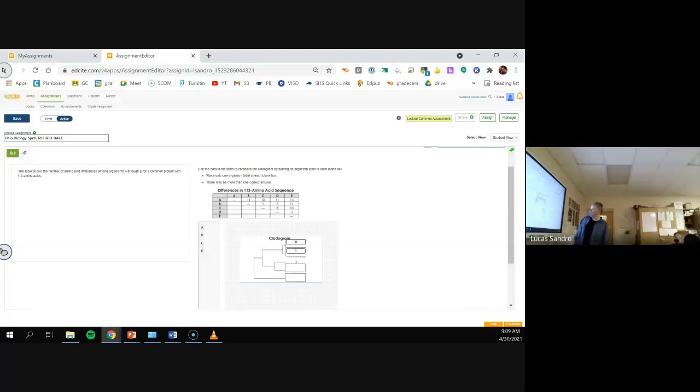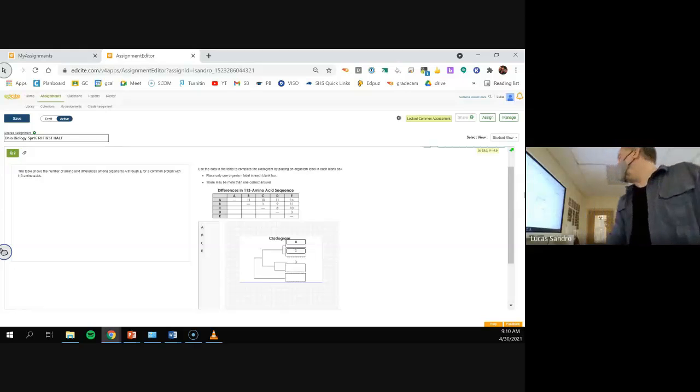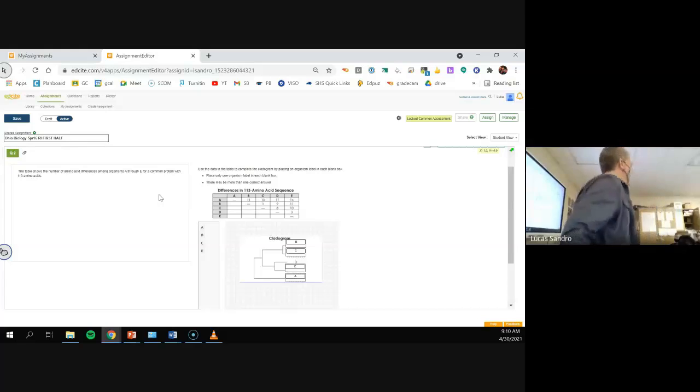No, where does E go? Where does E go? With D, on the fork with D. So no problem there. Which means A is left over here. Any questions about that one?